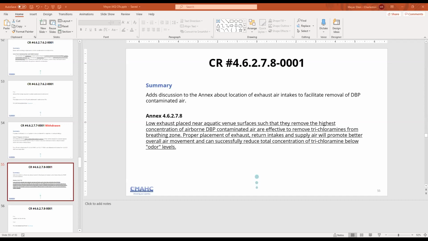So the cooperation between organizations such as CMAC and ISPSC is going to be of big interest to us.